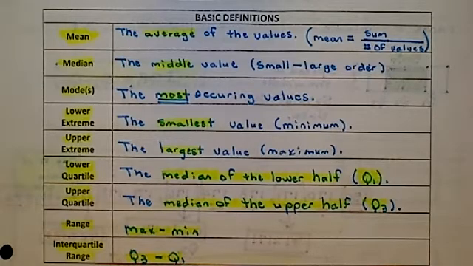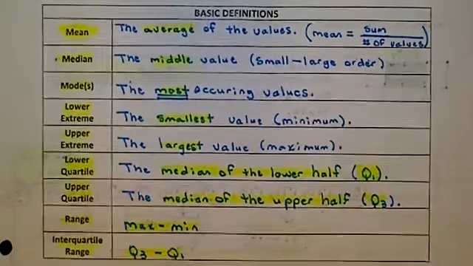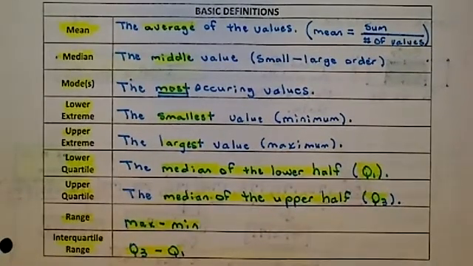Lower extreme is your smallest value, which is called your minimum. Upper extreme is your largest, which is your maximum. The lower quartile is the median of the lower half of the data, which is going to be called Q1.